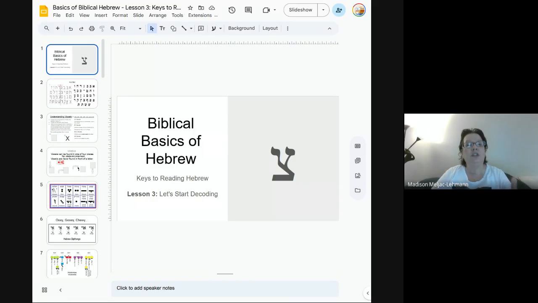So we're learning to read by decoding, and we are going to work on a couple of important rules, or a couple of important changes that happen to words when we're looking at them in Hebrew. Now, I want to tell you about this chapter. This chapter is a hard chapter, or a hard week.